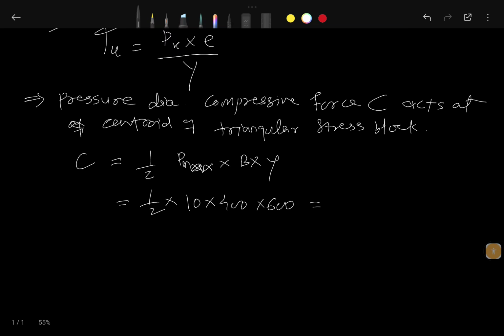So for that we get the value 1200 kilonewton for compressive force.